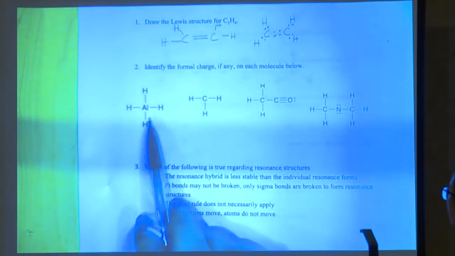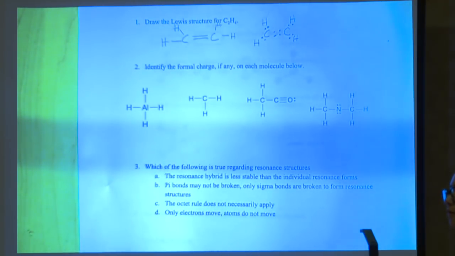So aluminum, how many does that like to have? It's a weird one. We can move on to the next while someone finds how many aluminum likes. So carbon, how many does that like? Okay, so that one likes 4, and how many does it have? Good. Does it have any lone pairs? Where?